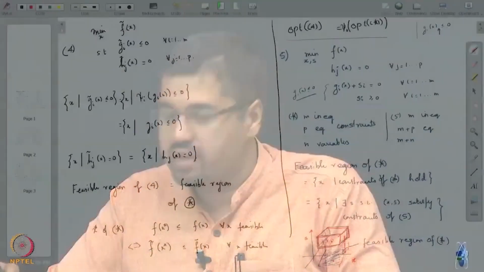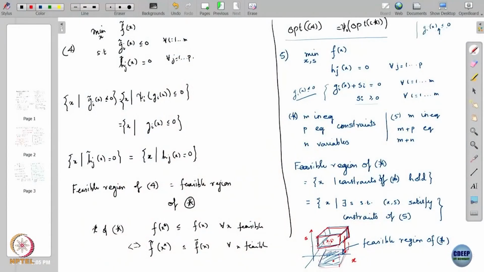You have introduced this new variable s, but that variable does not appear in the objective. What matters for the objective is the value of x alone. It is still f of x, which was the objective earlier in star also. So, the values of f of x that you can get in star are the same as the values of f of x that you can get in phi. So, as a result, the objective values will actually be the same.